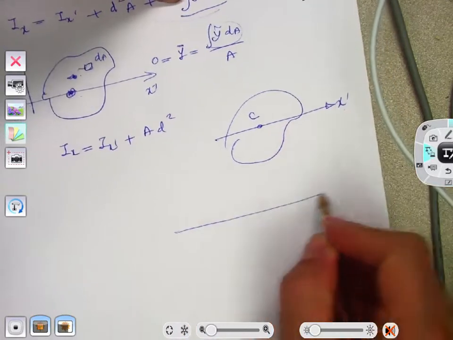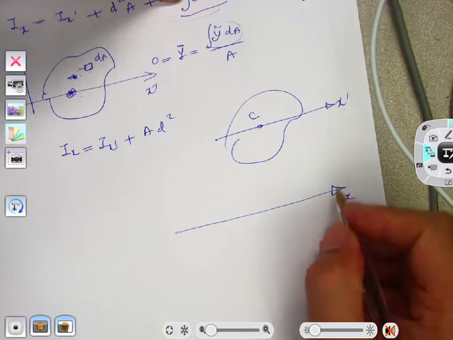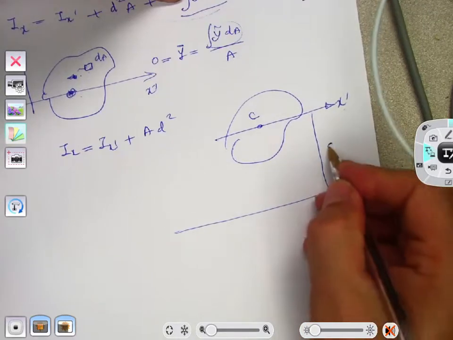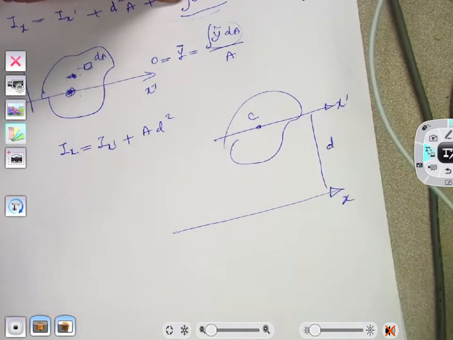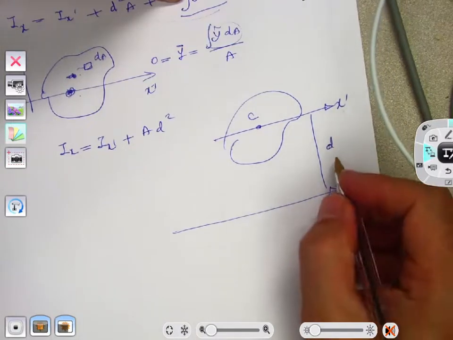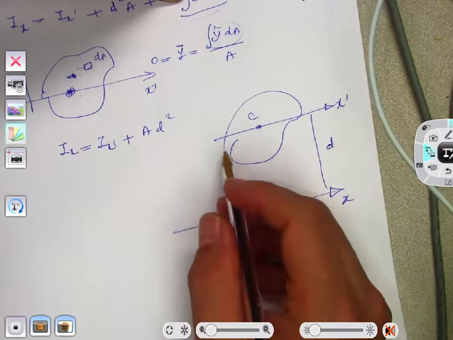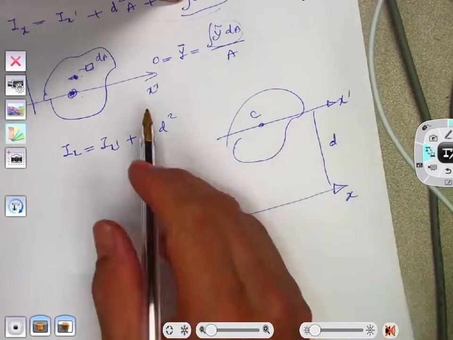And then if I want to know what the moment of inertia is about the x axis, which has a distance of d, right? There's a d distance between the x axis and x prime axis, right? If I have that d, then what this equation tells me is this: you don't need to evaluate that integral.